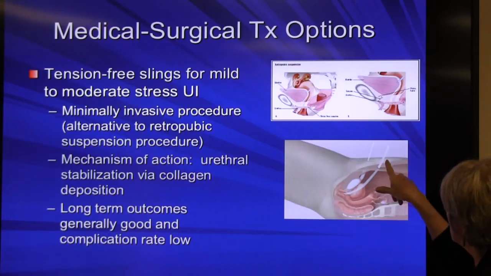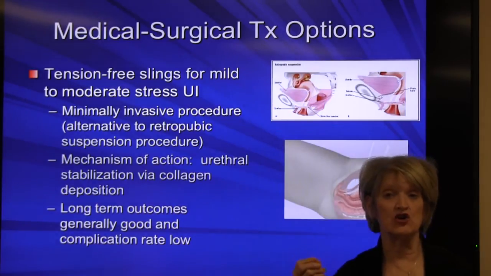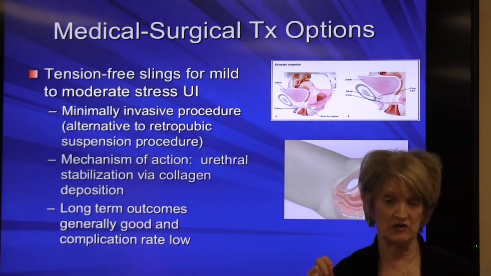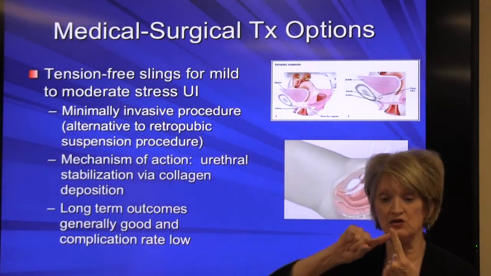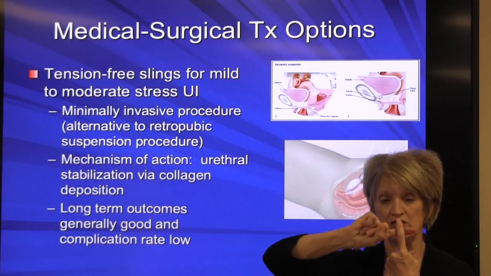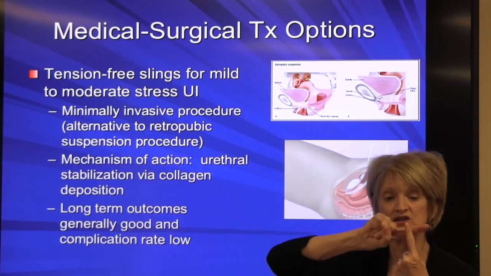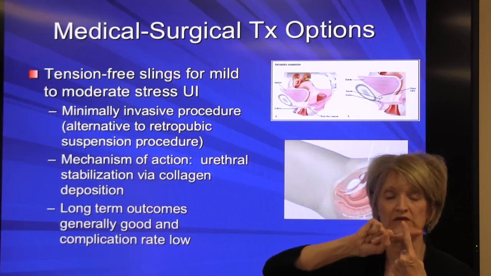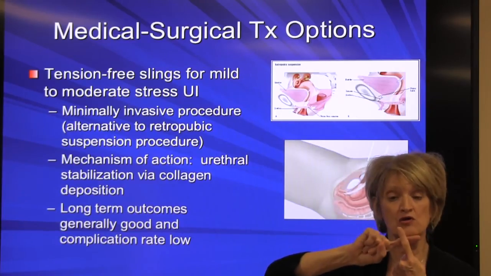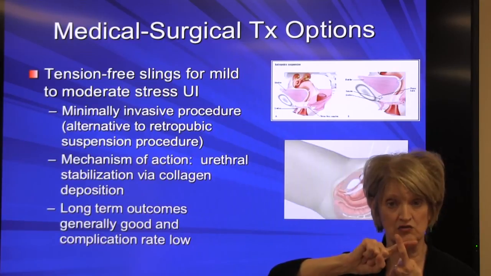And then the tape is brought out and clipped and secured, but there's no tension on the tape. So if this is the urethra, the tape comes under the urethra and then is secured to the pelvic side walls or wherever, but there's no compressive force placed against the urethra.